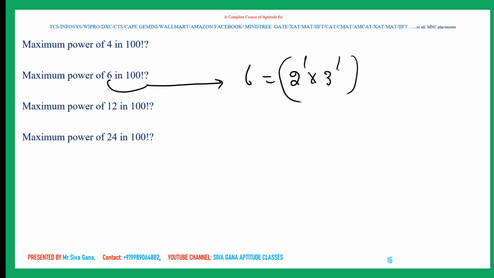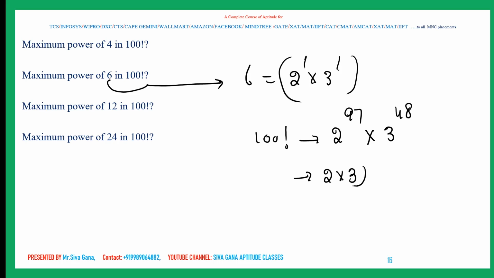Now we need the combination of 2 and 3, both, in 100 factorial. In 100 factorial, maximum power of 2 is 97. Maximum power of 3 is 48.